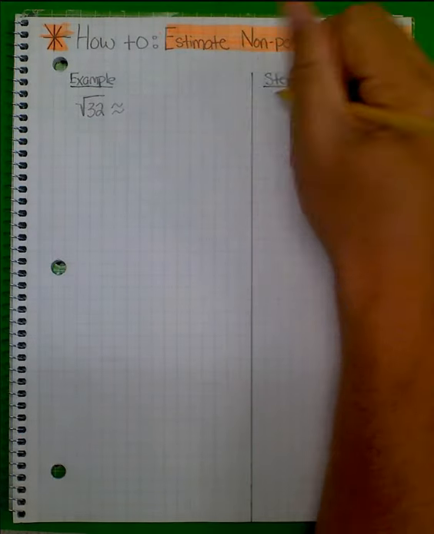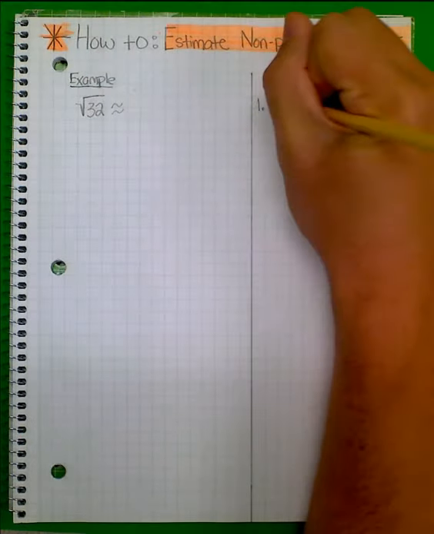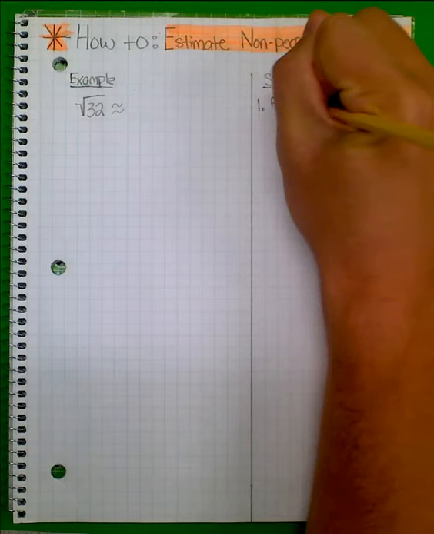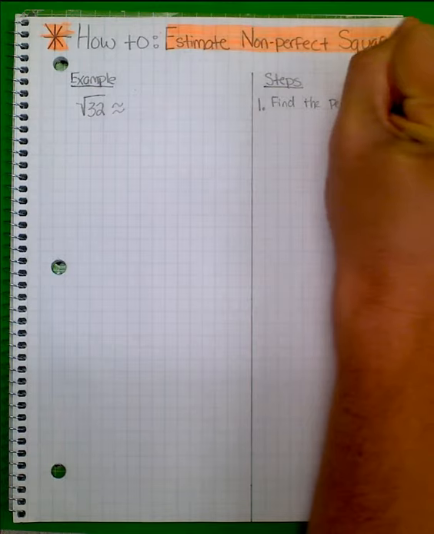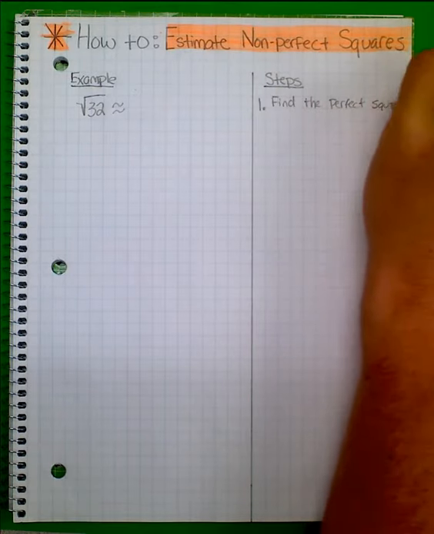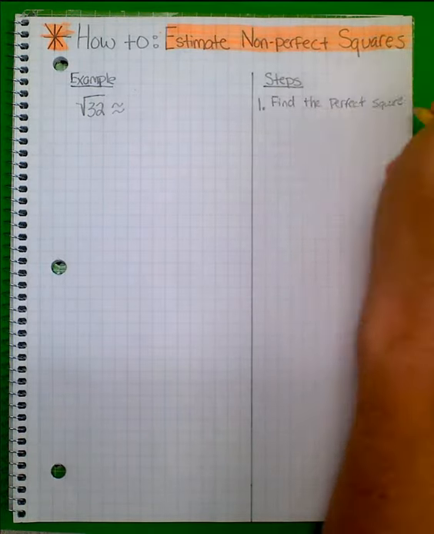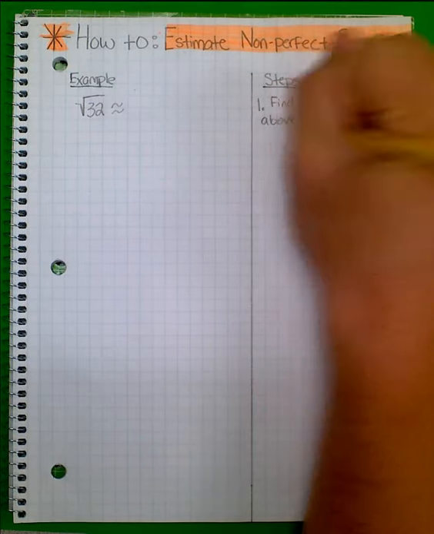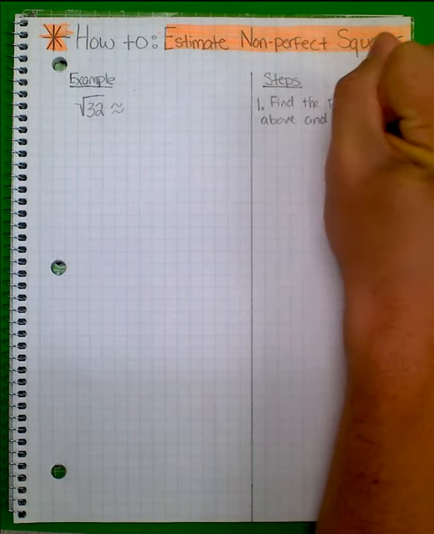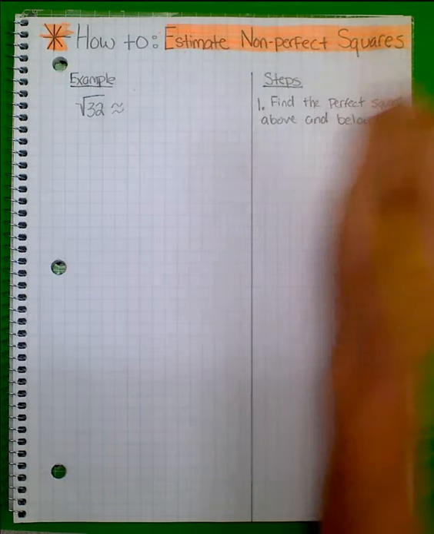And the first step to do that is to find the perfect square above and below your non-perfect square. So what does that look like? Well, here's step one.